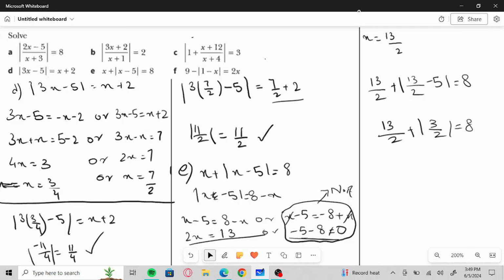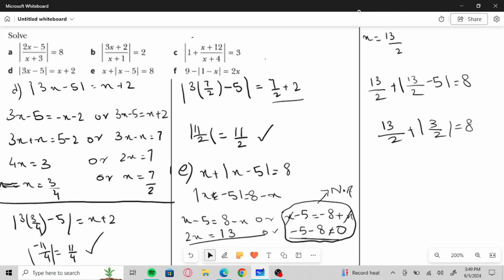Again, 13 upon 2 plus 3 upon 2 is equal to 8. So 8 is equal to 8. This is the correct answer. However, we have only one value of x, which is 13 upon 2, or you can say 6.5.